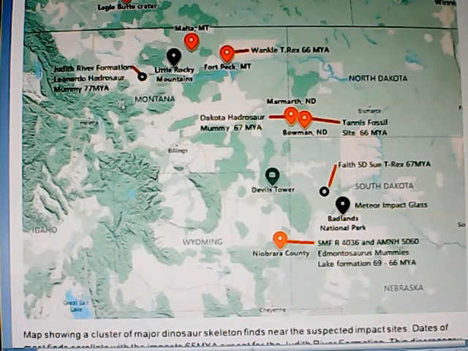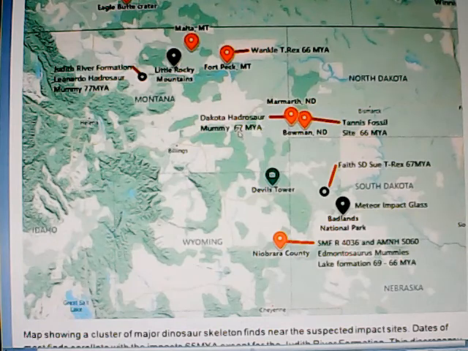The Leonardo hadrosaur, it's indicated at 77 million years ago. That could be, again, from erosion and the fossil being laid on older ground. Dakota hadrosaur, which was a mummy, and the Leonardo was a mummy.